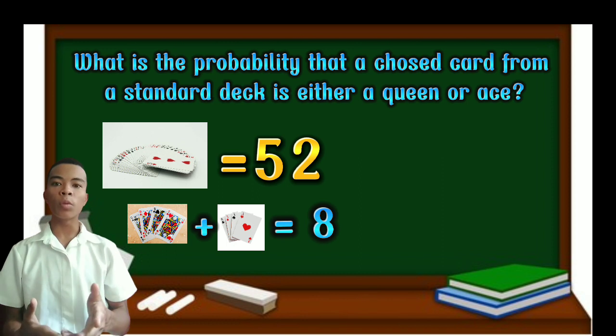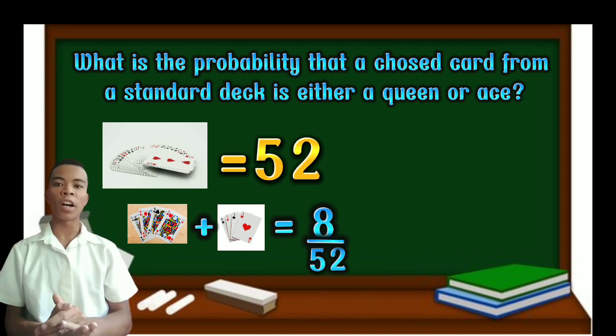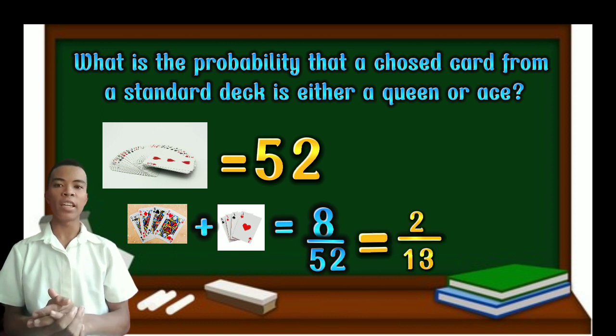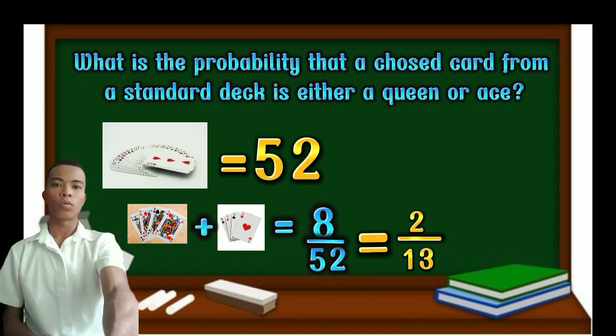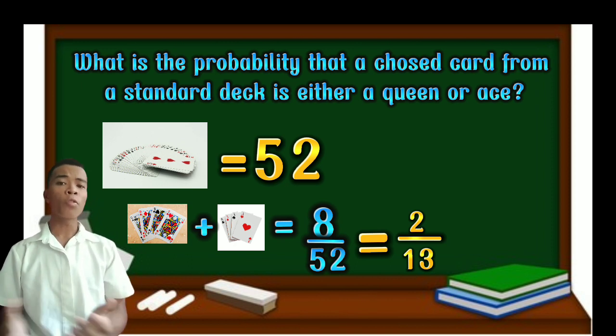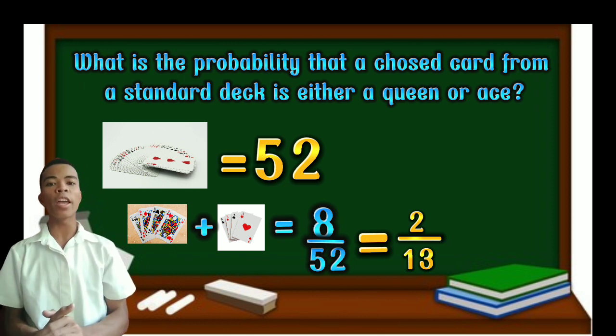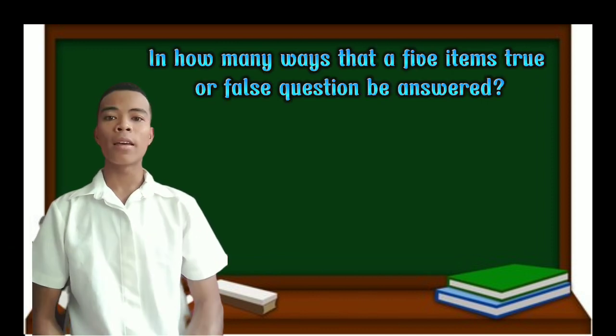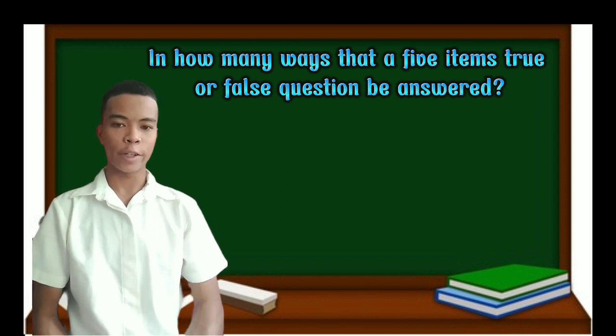And we put it over 52, which is our total number of cards, since we are asking for the probability. After simplifying, we get 2 over 13. Therefore, the probability that a chosen card from a standard deck is either a queen or an ace is 2 over 13.